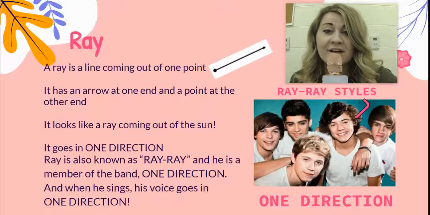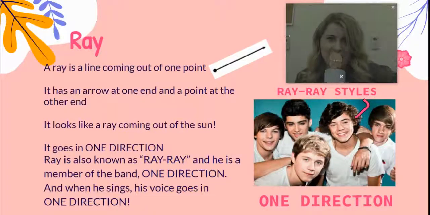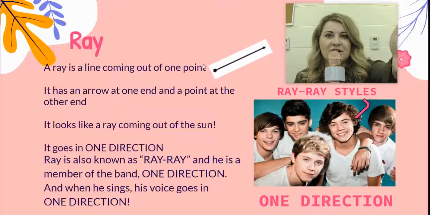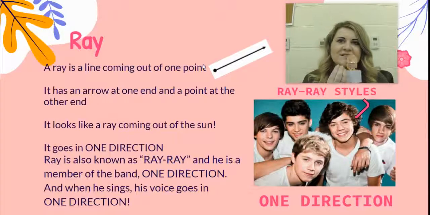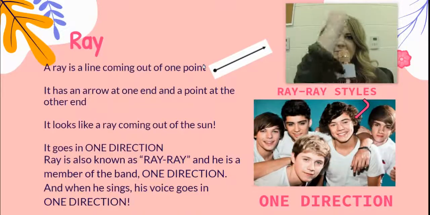And if you look right here, this is the best part. I want to picture Ray right here, and he's singing, and it goes in one direction. So when you sing out, your voice carries in one direction. You are like the endpoint, and your sound is the line going out into the world, okay? So a ray is a point.